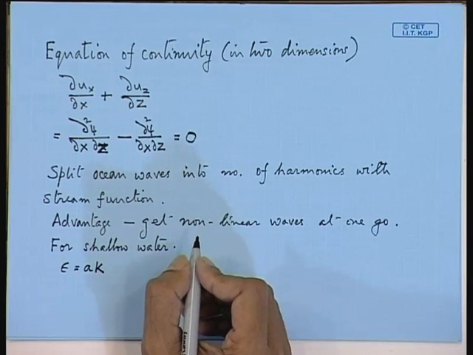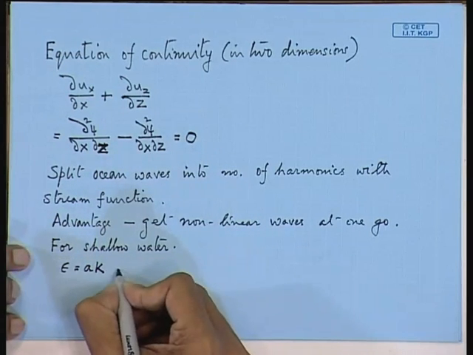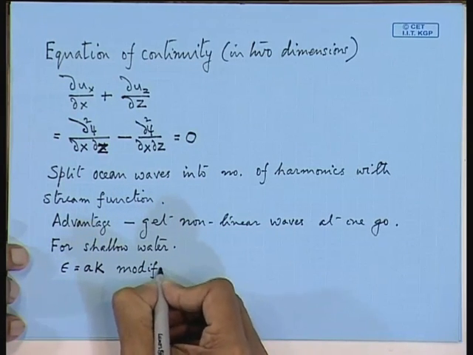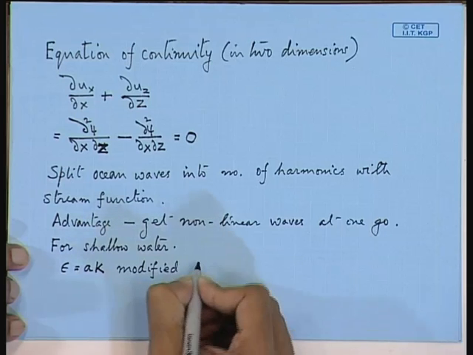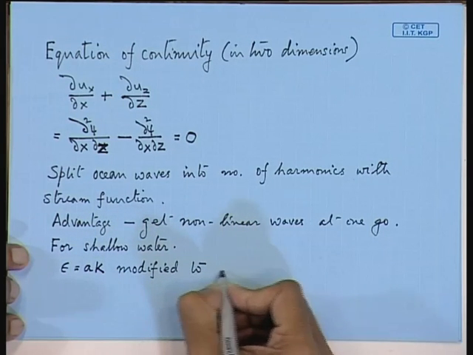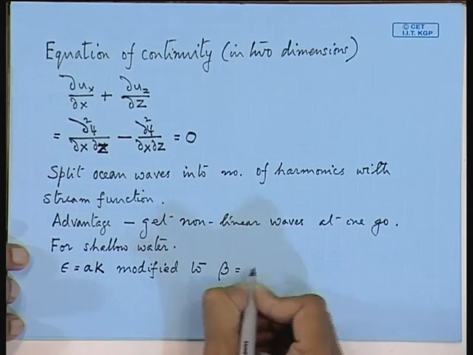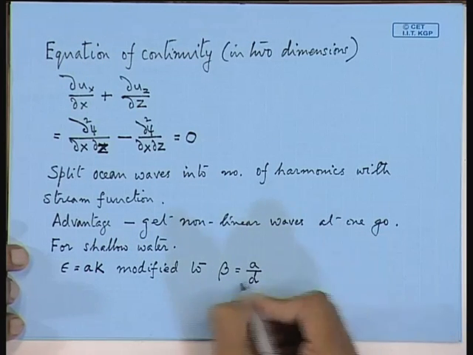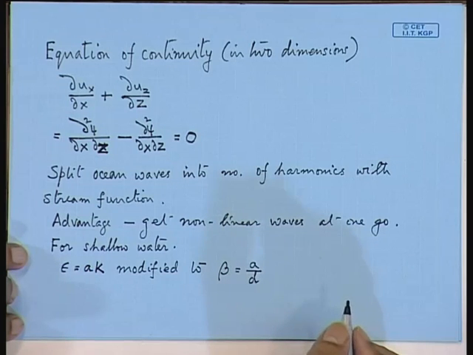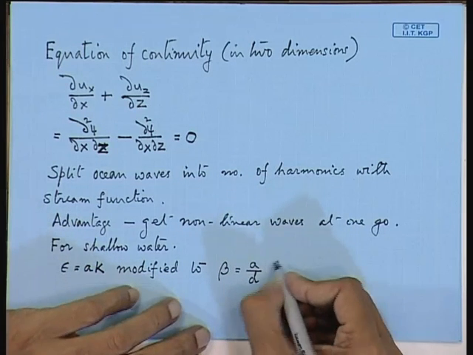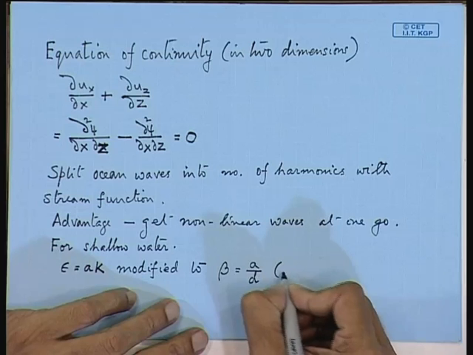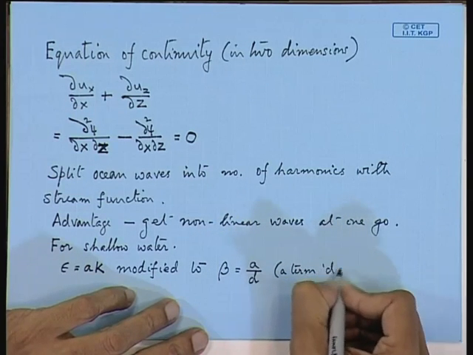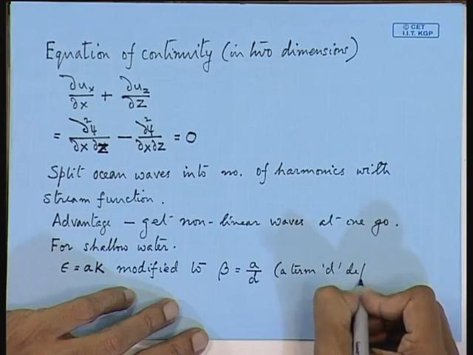Epsilon is equal to a k, but this has to be modified to beta a divided by d. You bring in another term d, that is the depth of water, into the equation.